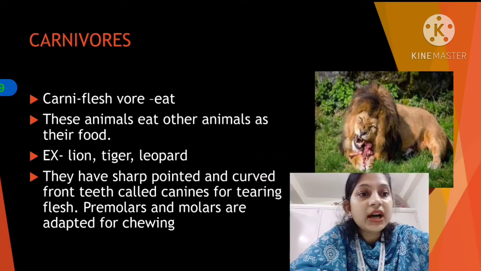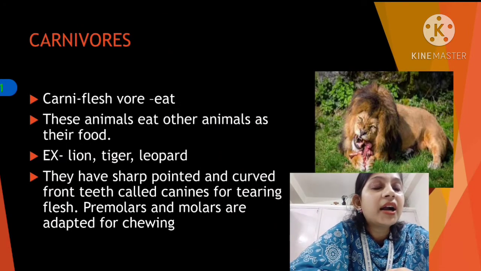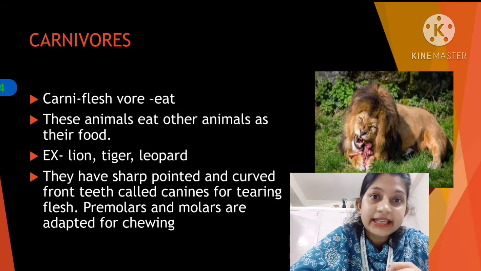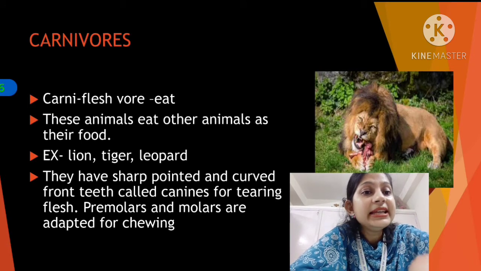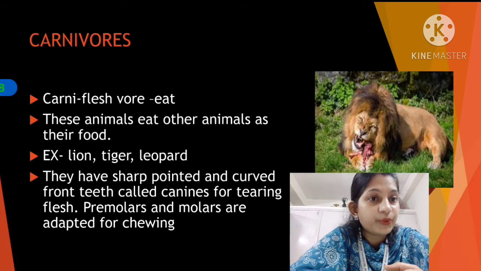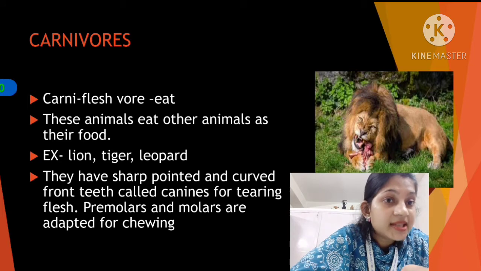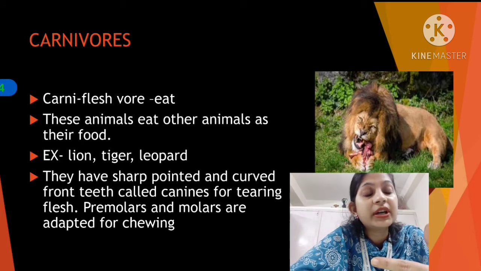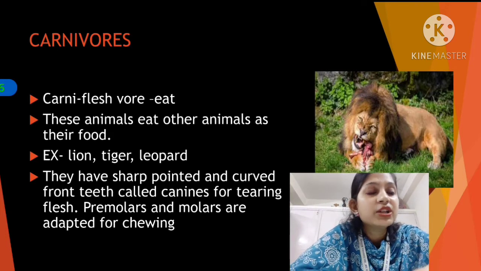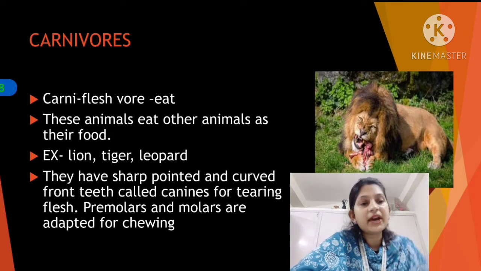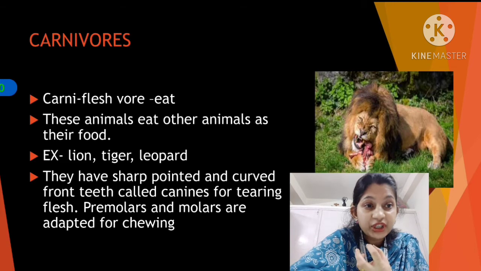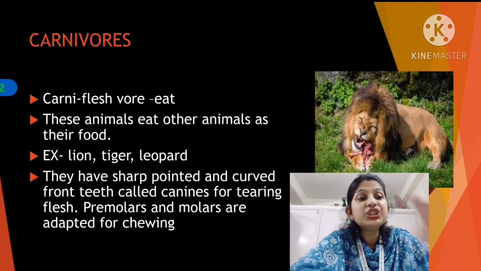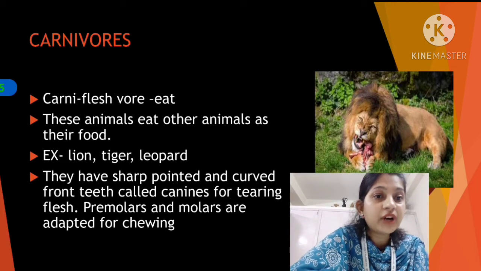Now see, what about carnivorous? Carni means flesh, vor again eat. That means these animals eat another animal as their food. Example: lion, tiger, leopard, all the flesh eating animals which are eating different animals. So what modification? They might be having some special type of teeth to make them able to tear the flesh of another animal.